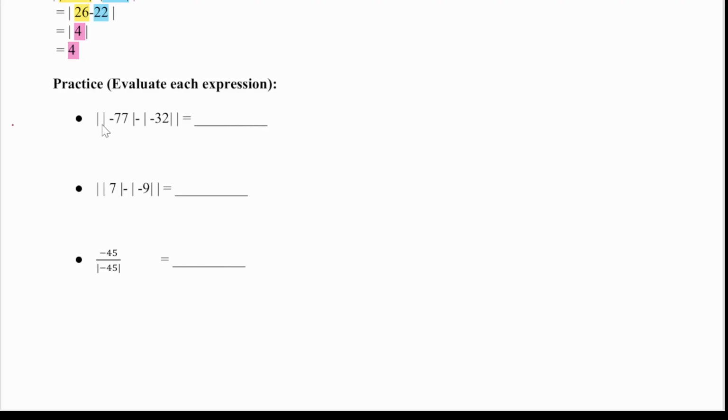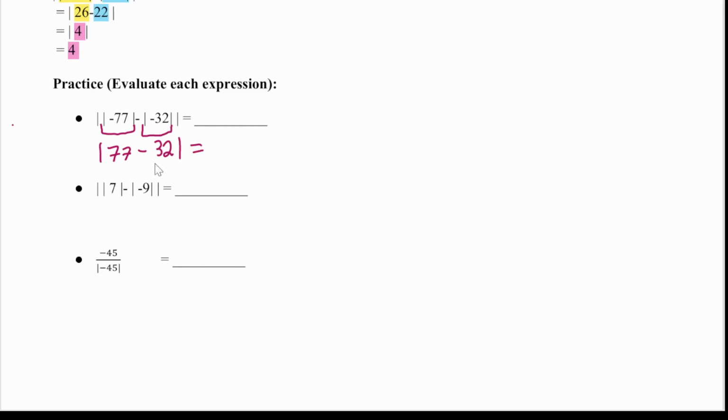So here, I'm going to highlight that we have 2 inside absolute values, and I'm going to evaluate both of those. The absolute value of negative 77 is 77. The absolute value of negative 32 is 32. And then I'm just going to drop down all those remaining symbols. So there was an absolute value on the outside, and there was a subtraction symbol in between.